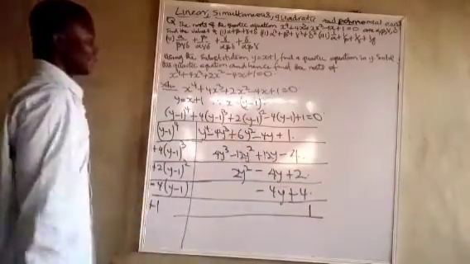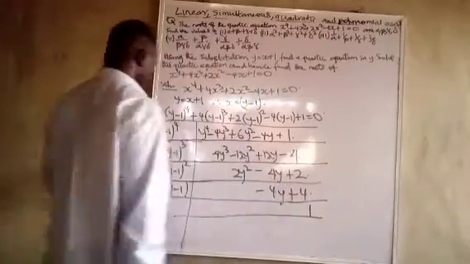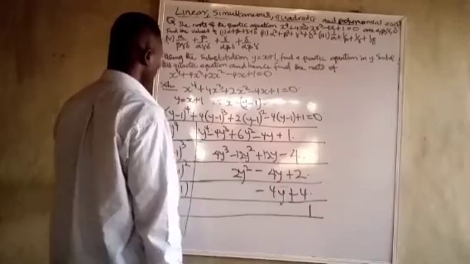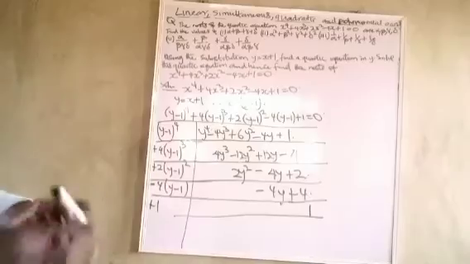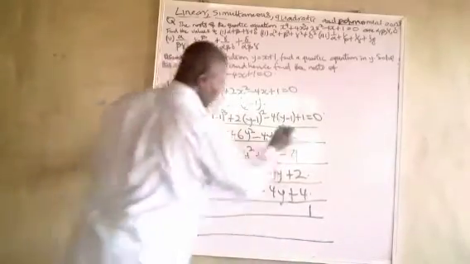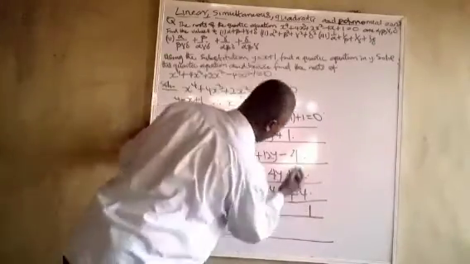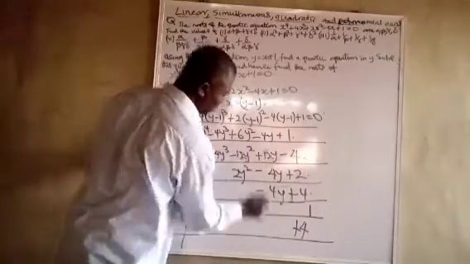So let me add everything up. This one cancels this. So this is the sum. So this is giving me 4. Minus 4, minus 4, minus 4. So this one, 0y.